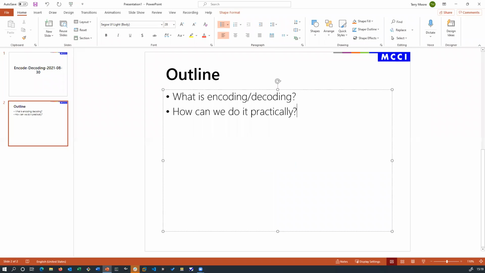Two things. One is explaining what encoding and decoding is, and the other is how do we do it practically.